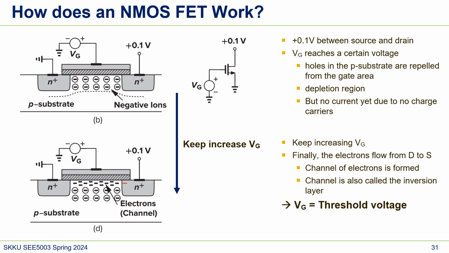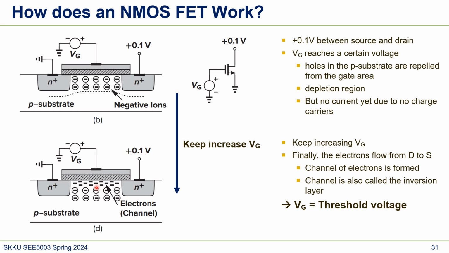No, actually it moves to here. The current flow is from here to here, right? Because the current is opposite to the electron, the polarity direction. So the point is, if we keep increasing Vg, the electron channel forms, and then finally current flows.